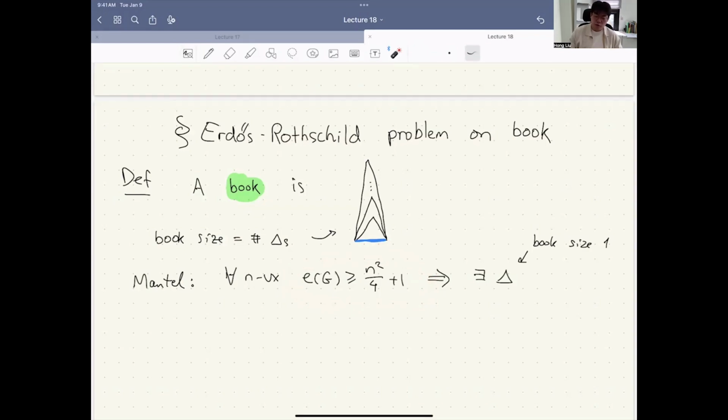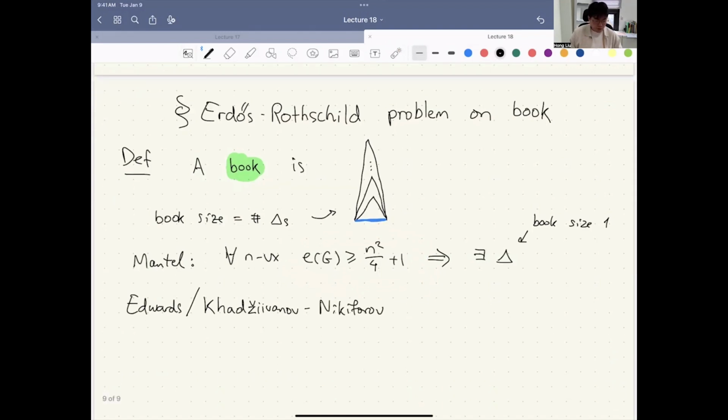This was confirmed independently, so this turns out to be true, by Edwards, and independently Khadzhiivanov and Nikiforov, that under the same condition, there exists an n over 6 size book.